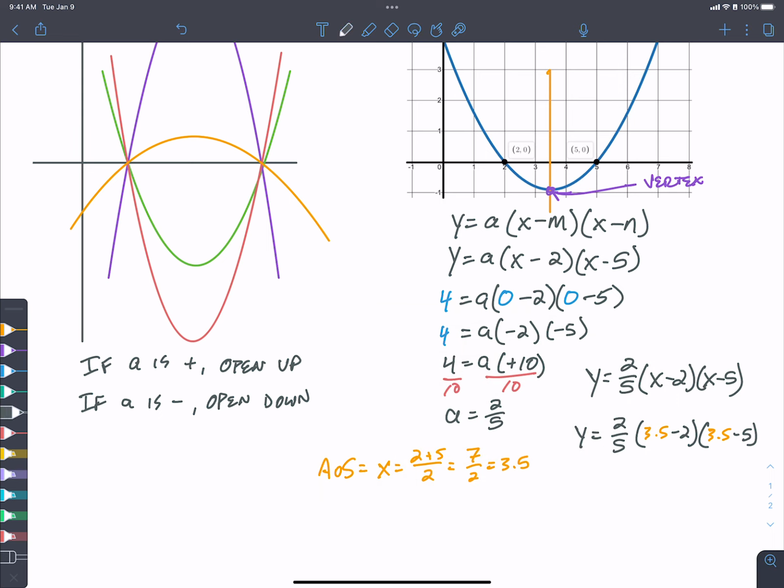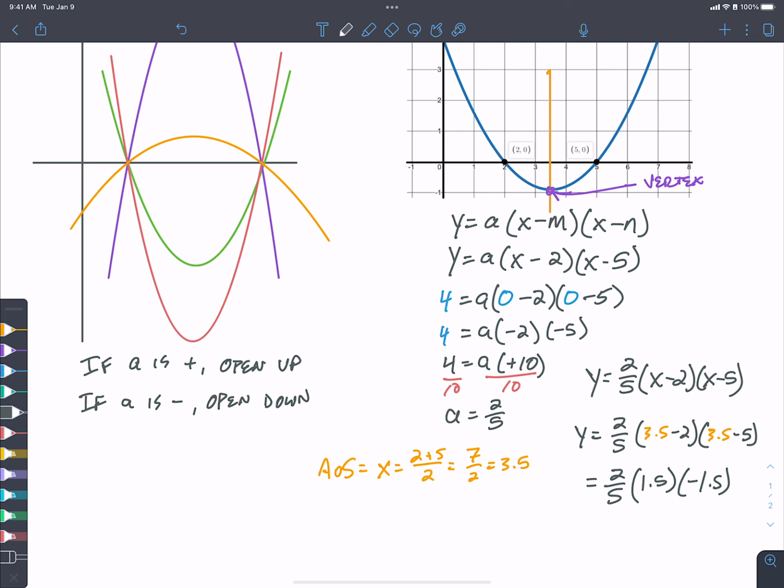So now we just do our computations. 2/5 times 3.5 minus 2. 3.5 minus 2 is going to be a positive 1.5. And then 3.5 minus 5 is going to be a negative 1.5.